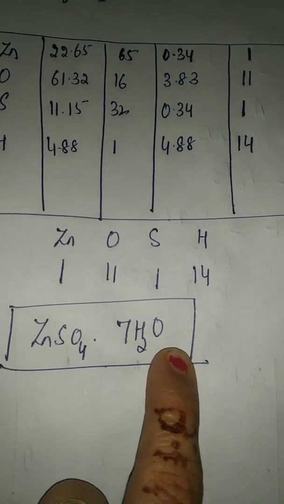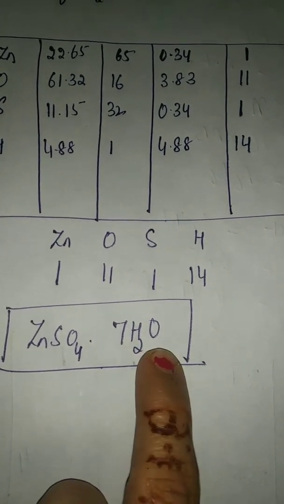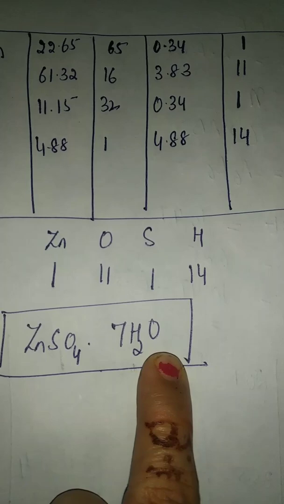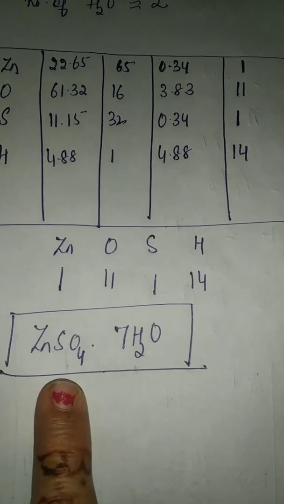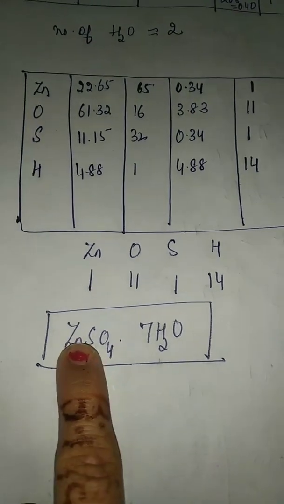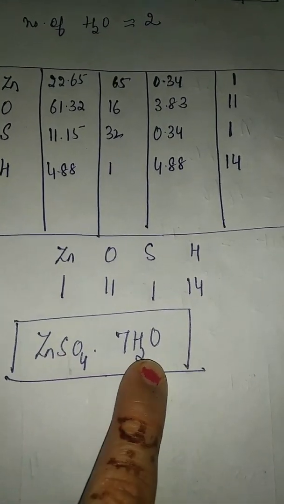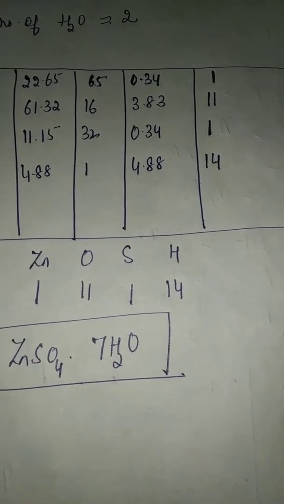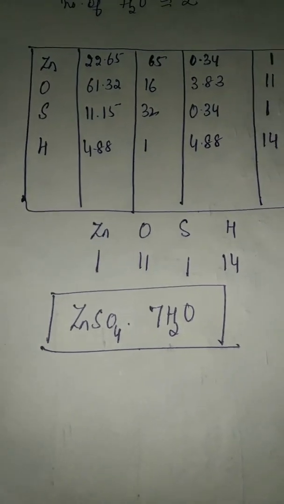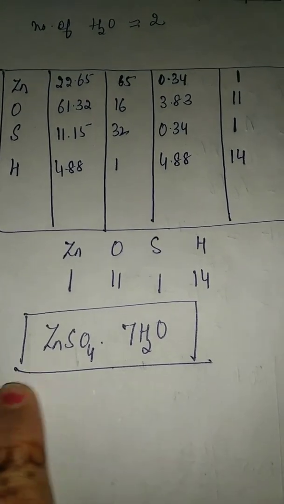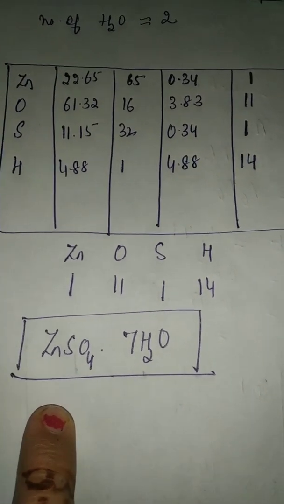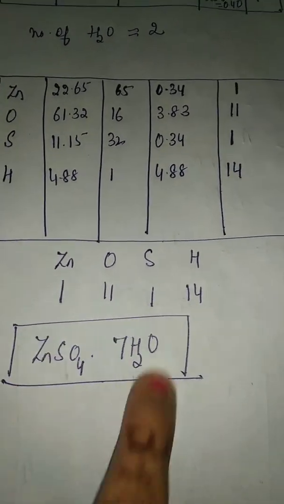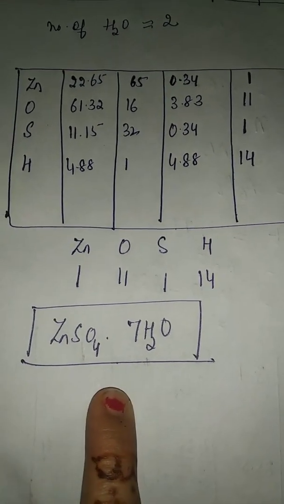And total oxygen atoms are 11. 7 are occupied with water of crystallization. Now how many are left? 4. Therefore the empirical formula will be ZnSO4.7H2O. Now 287 is the molecular mass given to us. When we calculate empirical formula weight, it comes out to be 287, so n is 1. So 1 multiplied by empirical formula, so molecular formula will be the same.